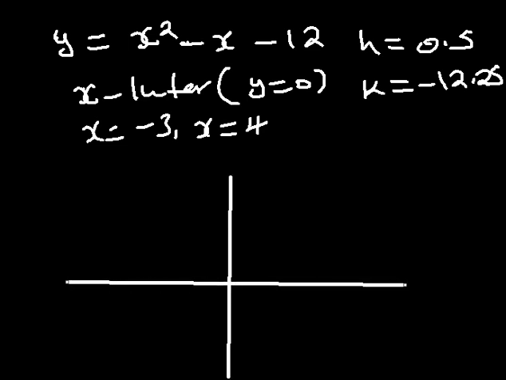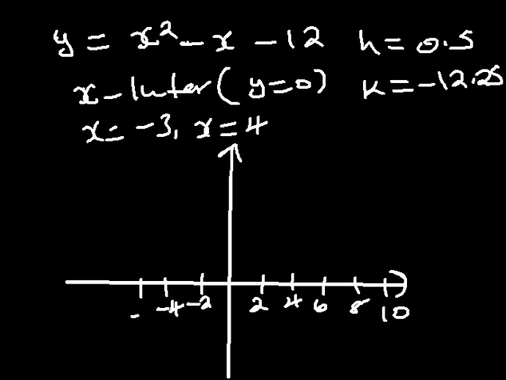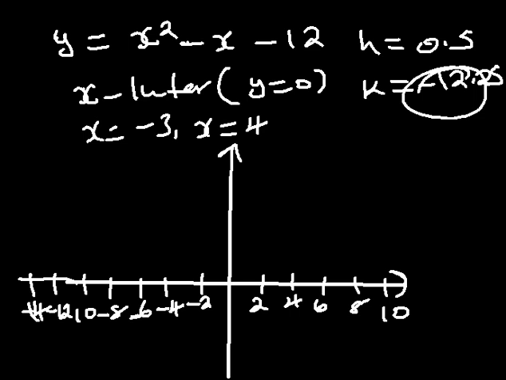Now we have the Cartesian plane using the same principle. In this case, let's say 2, 4, 6, 8, and 10, and negative 2, negative 4, negative 6, negative 8, negative 10, negative 12, negative 14, because we are going as far as, in this case, this is the y coordinate at the turning point, which means along the y-axis we need to go far below, because negative 12 is something very big.